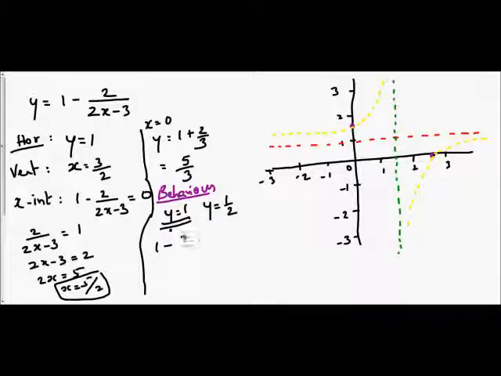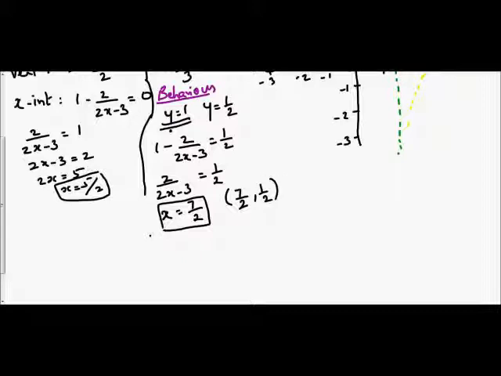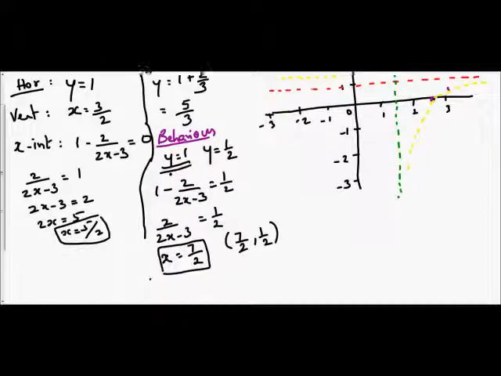Therefore it is 1 minus 2 over 2x minus 3 equal to half. So when you solve this, you will get x is equal to 7 over 2. So the point is 7 over 2, half. We can mark them on the axis here. x is 7 over 2, 3.5, and half, so somewhere here. So our curve is actually going through that place.